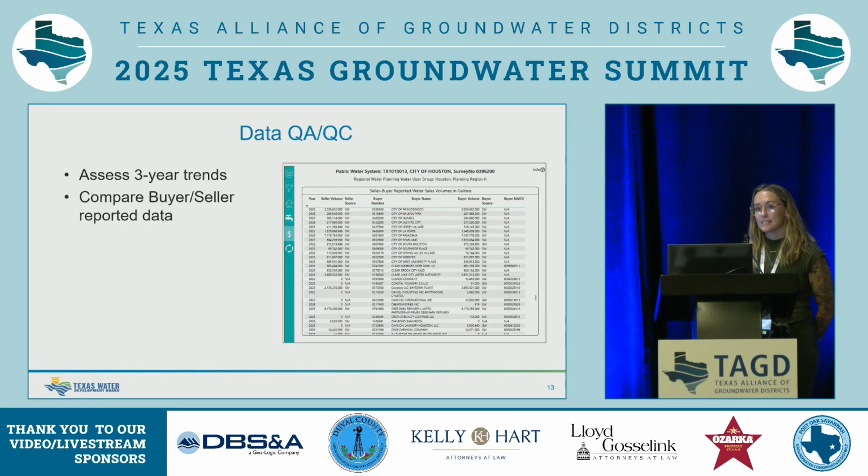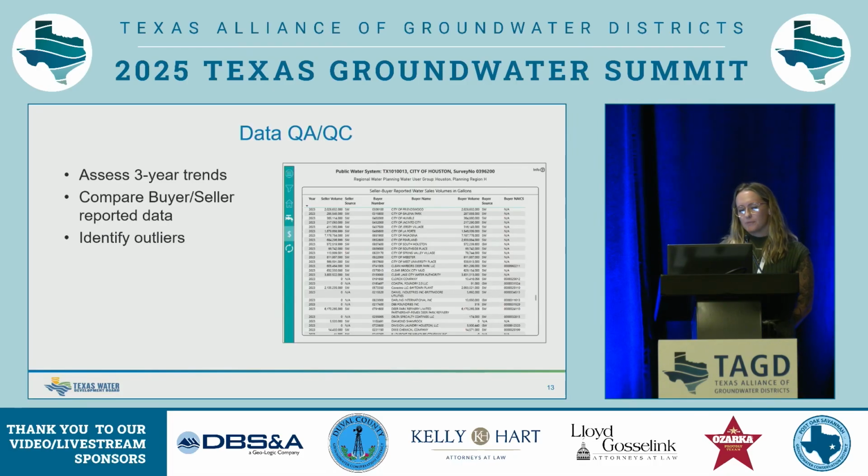They obviously sell a lot of water. So we can see here what the city of Houston reported selling to water systems and then what those other smaller cities reported purchasing from them. So this helps a lot when we're validating data, so we know if we need to reach out to anyone, maybe there's a data error, maybe there's a meter error. So that is very useful to have.